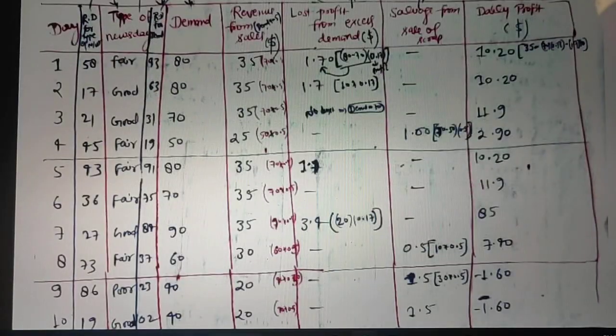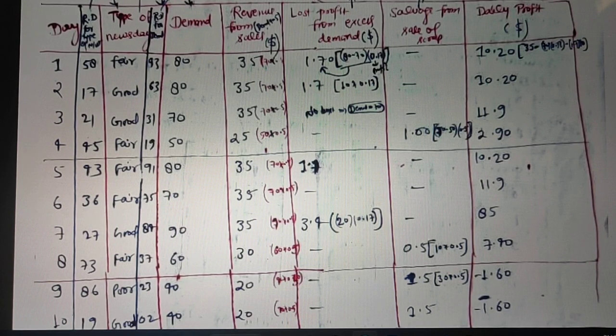Now we have to see that demand and our limiting condition match, okay. So demand is 70 and the actual maximum we can sell is also 70, so revenue will be the same and lost profit here will be 0 as there is no excess demand. So this will be 0, and the daily profit we can calculate according to our formula, it will be 11.9.